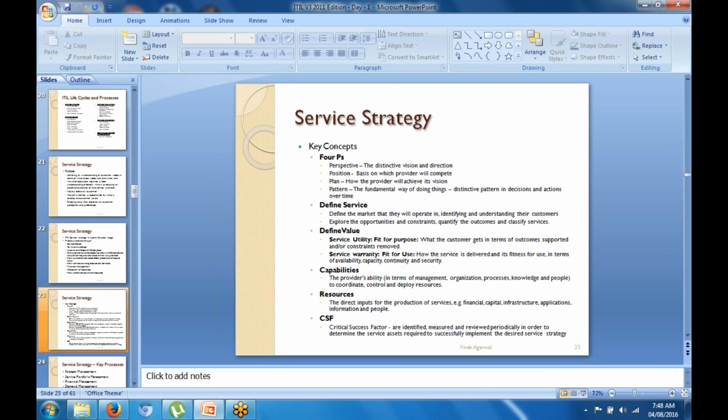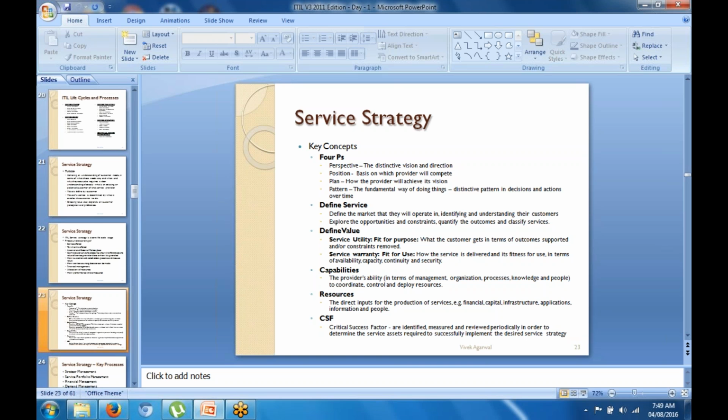Now while defining service strategy, we have some key concepts, that is the 4Ps. The 4Ps are perspective, the distinctive vision and direction; position, the basis on which a provider will compete; plan, how the provider will achieve its vision; and pattern, the fundamental way of doing things, a distinctive pattern in decision and action over time.